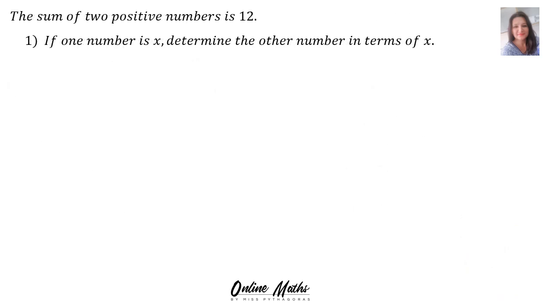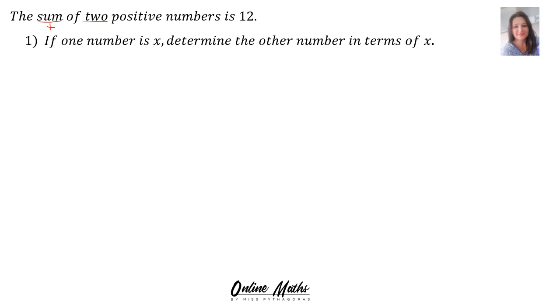Example 2. The sum of two positive numbers is 12. Number 1. If one number is x, determine the other number in terms of x. So when we have the sum, it means plus of two numbers, so it's x plus y equals 12.